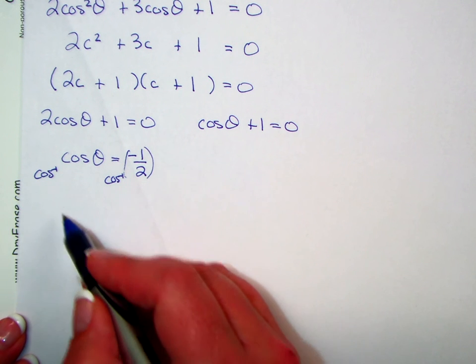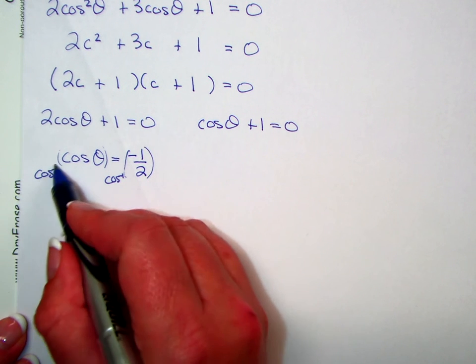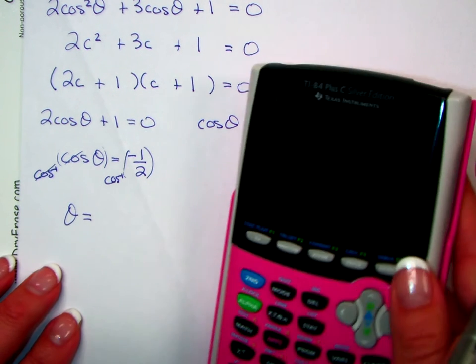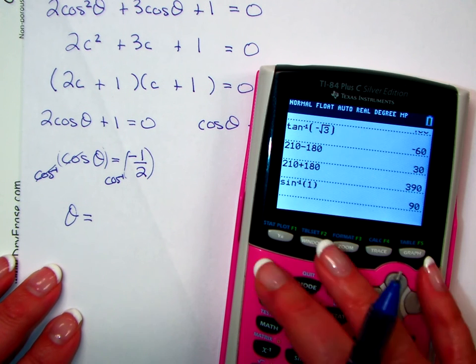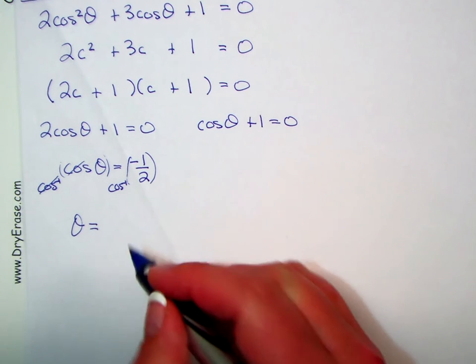So the calculator is going to give me an angle in quadrant 2. All right, so these are going to cancel. Cosine inverse of negative 1/2 is 120 degrees.